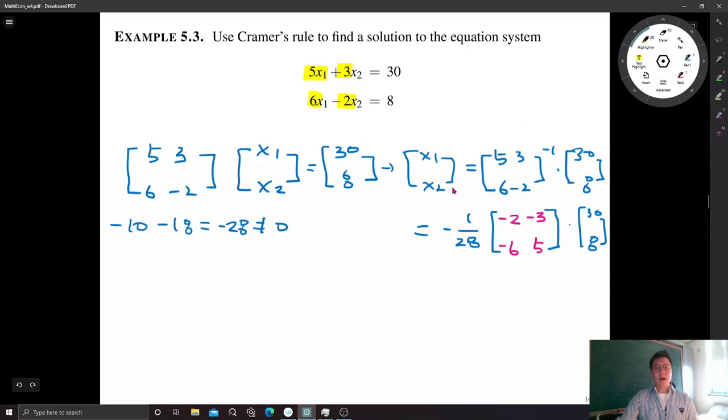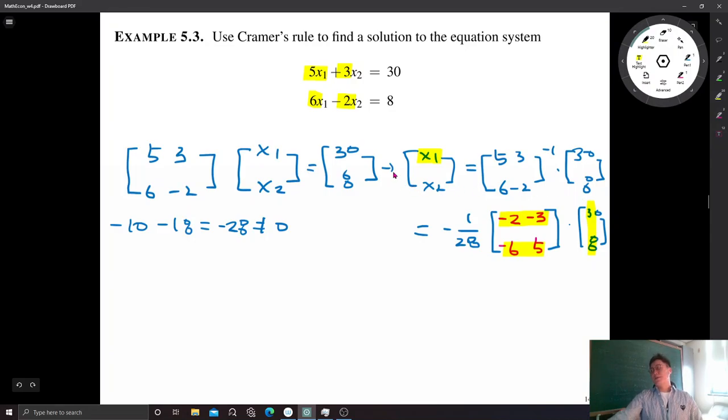Then we are done. So x1, the first solution, is going to be the reciprocal of the determinant times the first row of the inverse dot product the parameter matrix. And x2, the reciprocal of the determinant, now the second row of the inverse matrix dot product the parameter matrix.